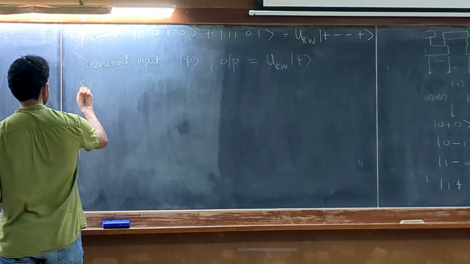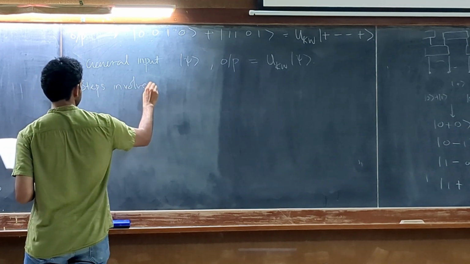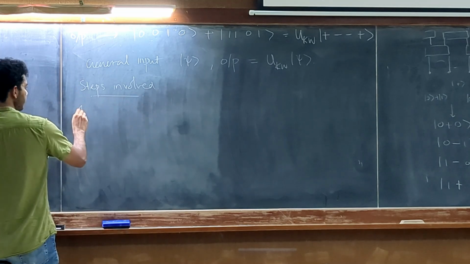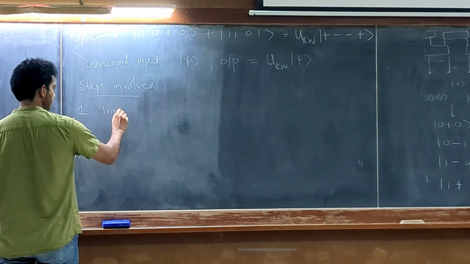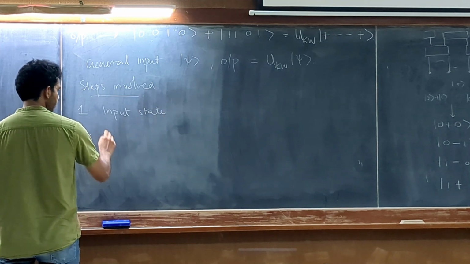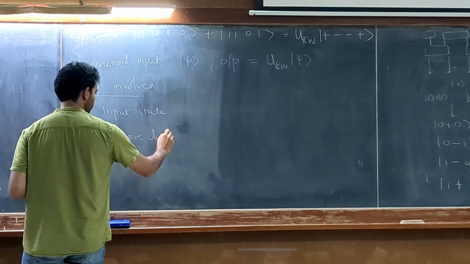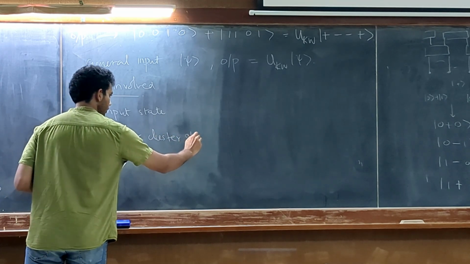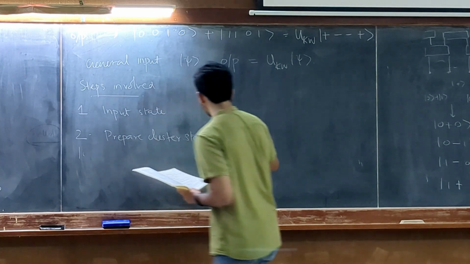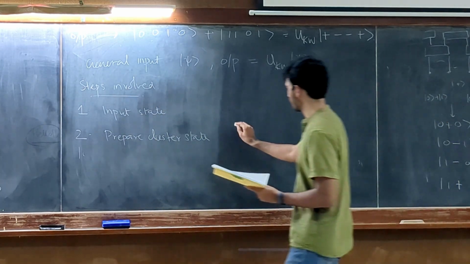To summarize, the steps involved were: 1, we get an input state. 2, prepare the cluster state. And this is a finite time process because there's a finite time circuit which prepares the cluster state.